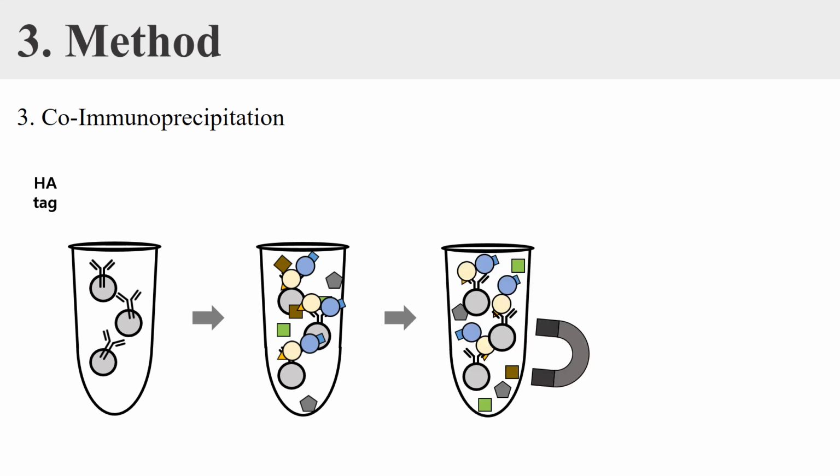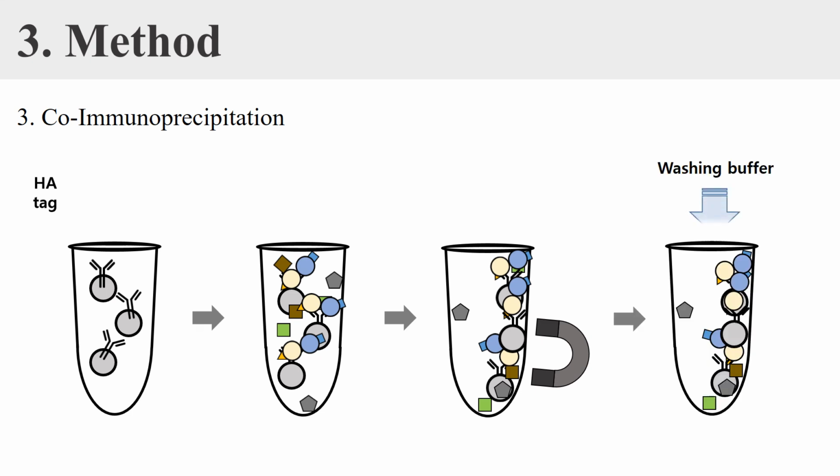The magnetic bead is magnetic, so if you hold the magnet, the bead will settle onto the magnet. At this time, when washing buffer is added and removed, other proteins that do not bind to bead are released.